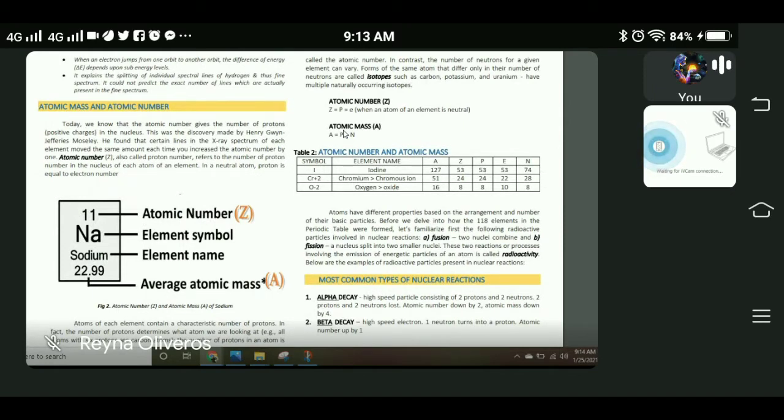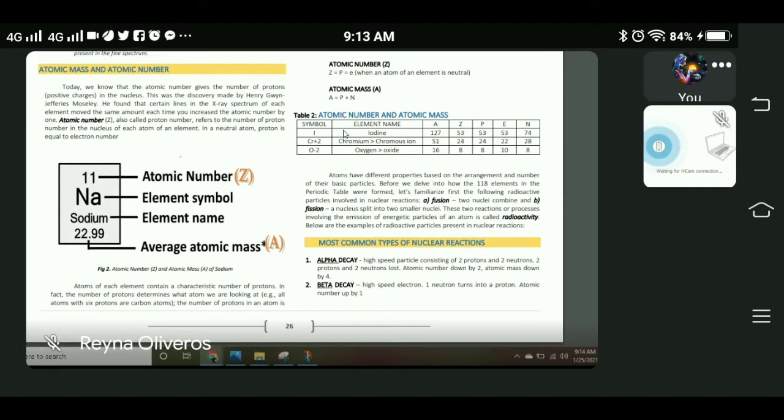Now, on atomic mass and atomic number: today we know that the atomic number gives the number of protons, or positive charge, in the nucleus. This discovery was mostly made by Henry Moseley.